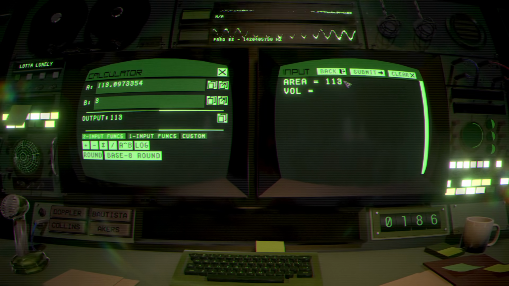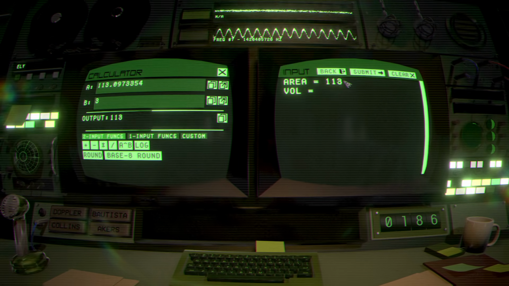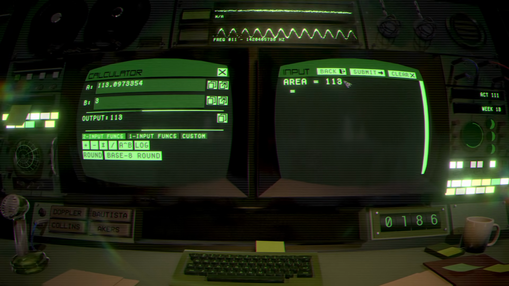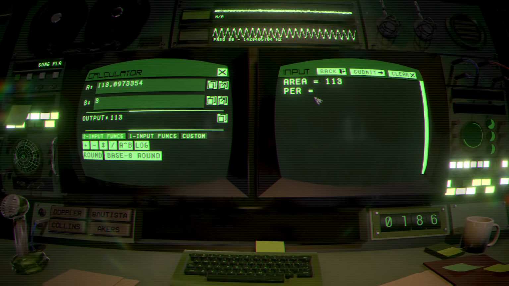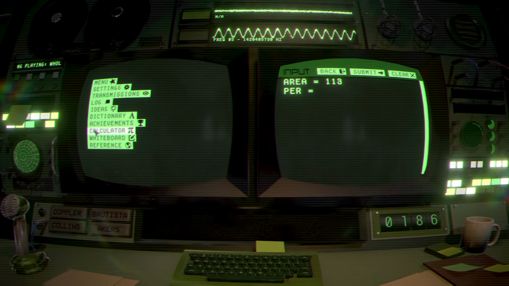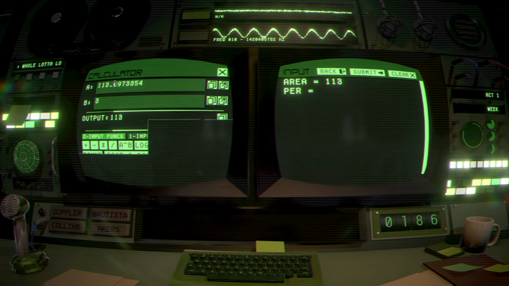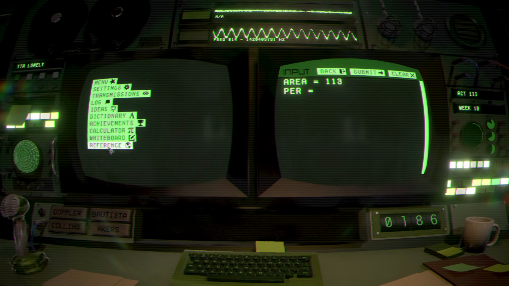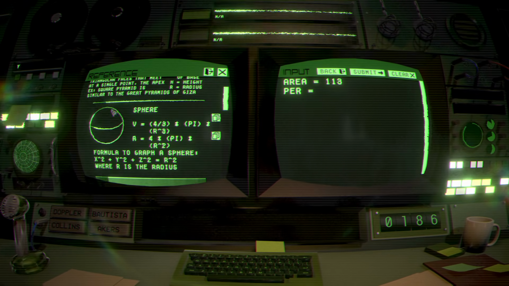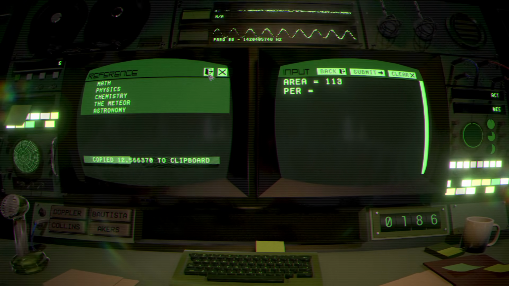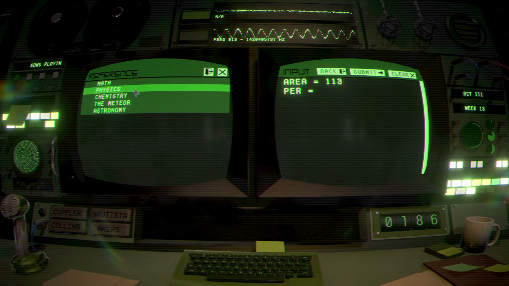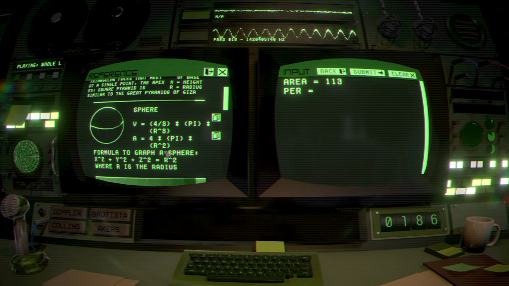See, again, I'm confusing myself. Then this would be perimeter. That makes sense in my brain. Let's go calculator. Get our numbers for surface area, in this case perimeter, kind of. And just radius squared, right?